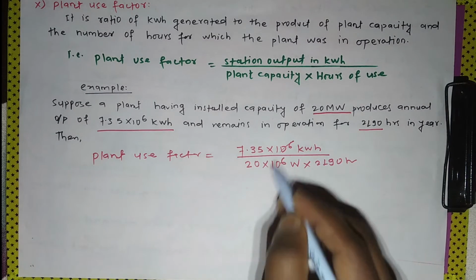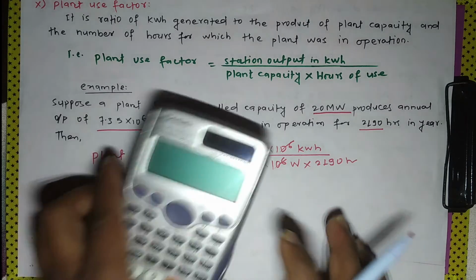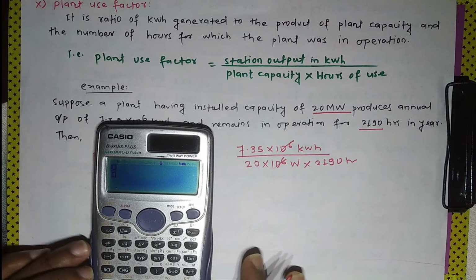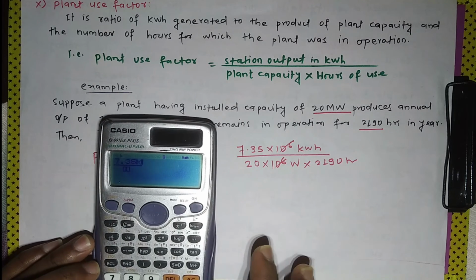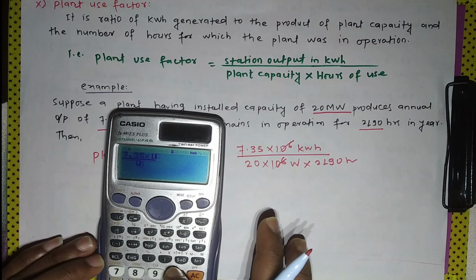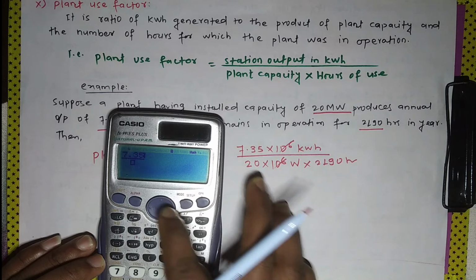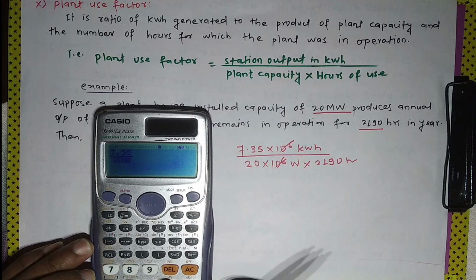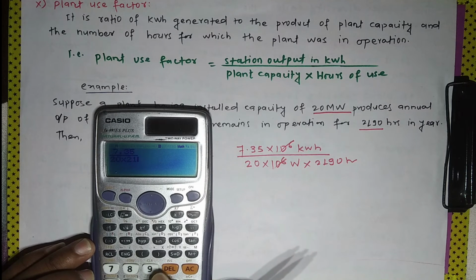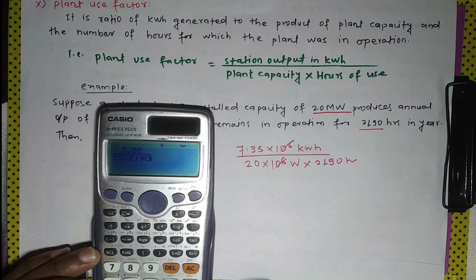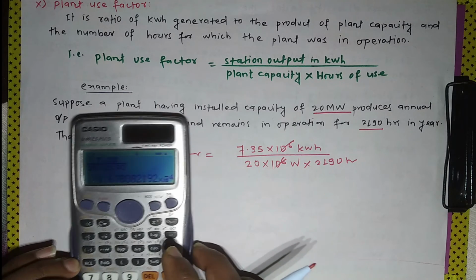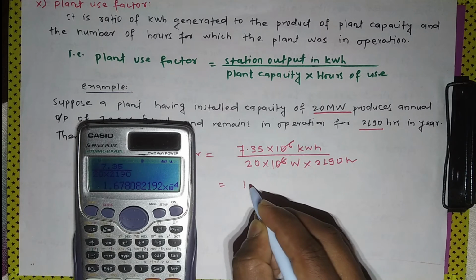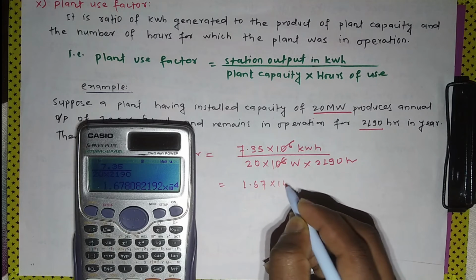So we can calculate using the calculator: 7.35 into 10 to the power 6 by 20 into 10 to the power 3 into 2190. It will be 1.67 into 10 to the power minus 4.